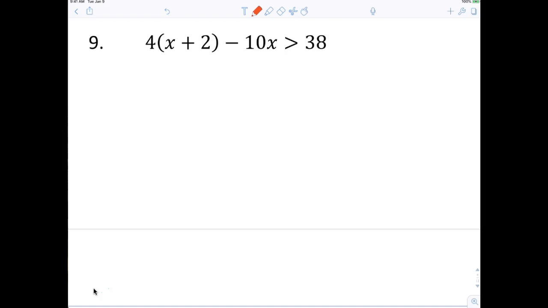So, don't forget to do what? You divide by negative. Change the sign. Very, very good. Very good. All right. Okay, did you divide by negative? You should have. You left that negative off.